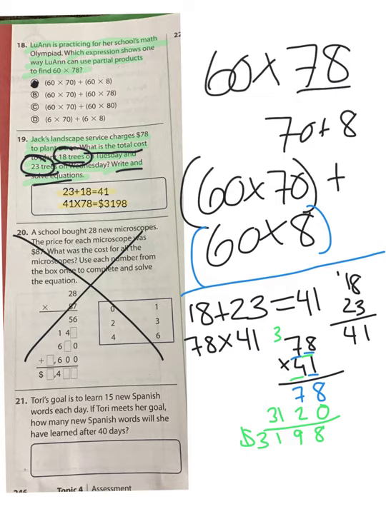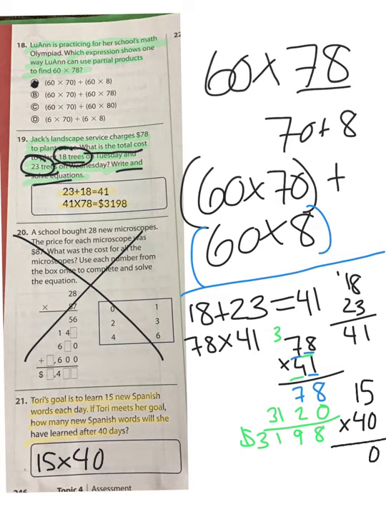All right, last one, because you're going to cross off number 22. Number 21. Tori's goal is to learn 15 new Spanish words each day. If Tori meets her goal, how many new Spanish words will she have learned after 40 days? We need to multiply 15 times 40. 40 is our multiple of 10, so our multiple of 10 is on the bottom.